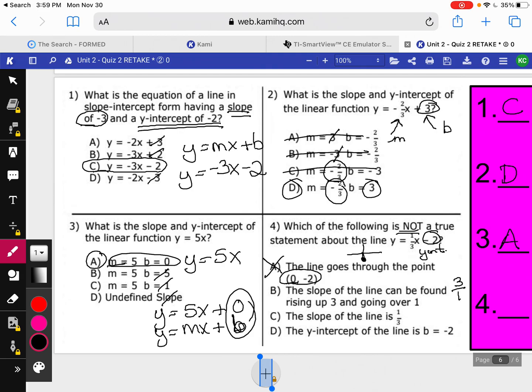Rise 3, move to the right 1. But my slope here is rise 1, run 3. So B is not true. The slope is 1/3. That is true. The y-intercept of the line is -2, and that is also true. So those are not what we're looking for.